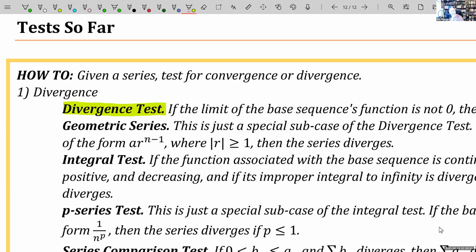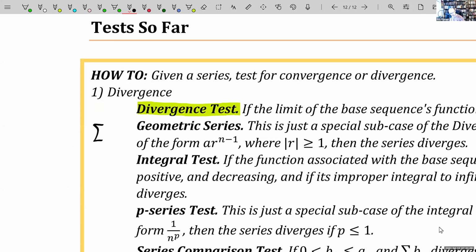The next easiest test, it just depends on the look of your given series. If your series looks geometric, that is, it is something of the form summation something to the nth power, then it's not really called a geometric series test, but you get the idea.